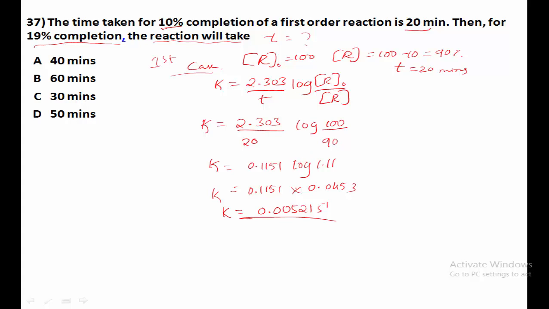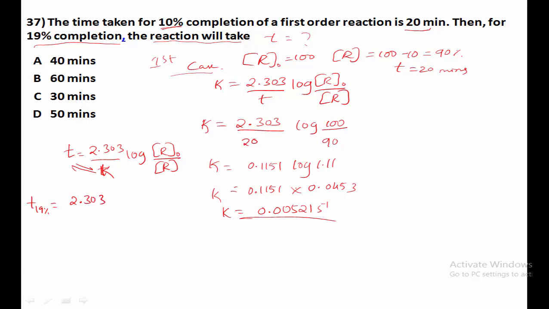Now you need to find the time taken for 19% of the reaction. You know the equation: T is equal to 2.303 divided by K log R naught divided by R. Again I use the same formula, but here I have rearranged it for T and K. Now this time you have to calculate T for 19%.